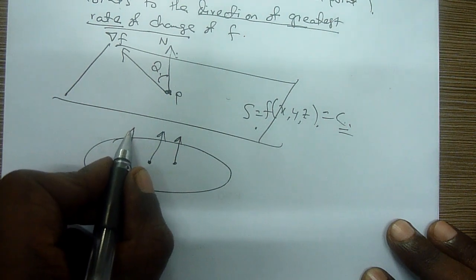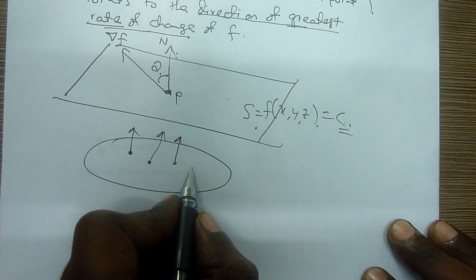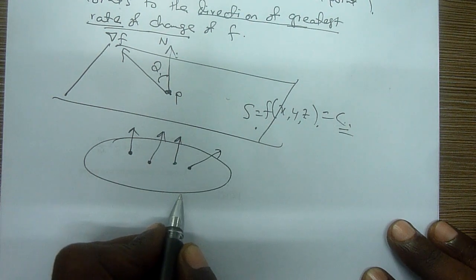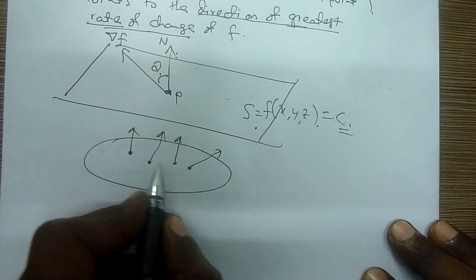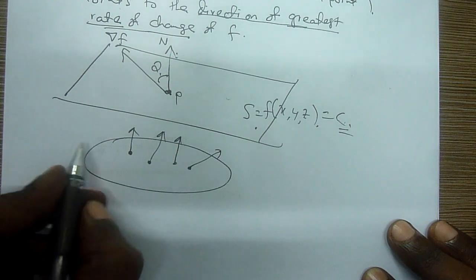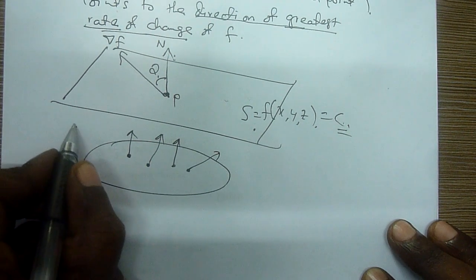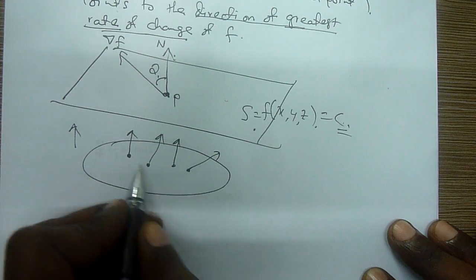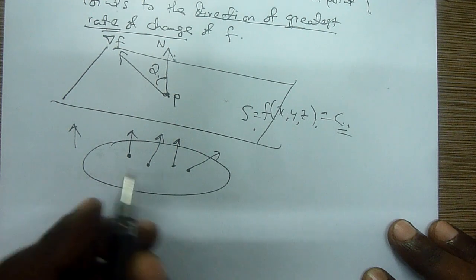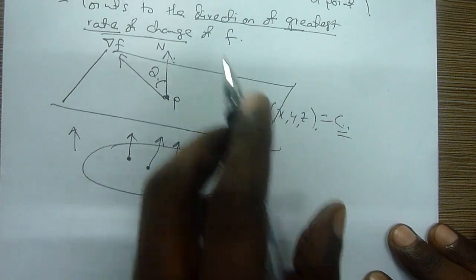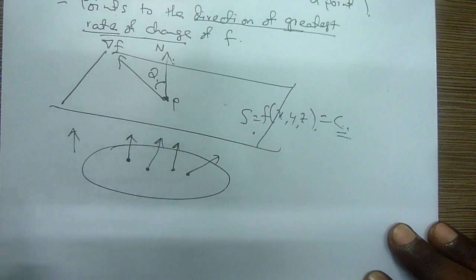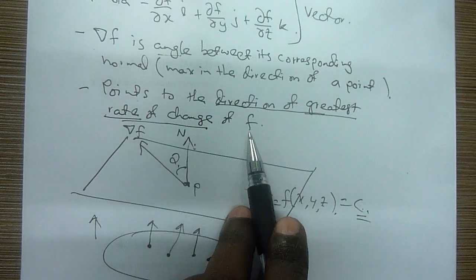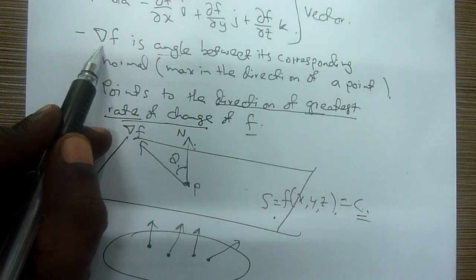Another point is directing towards this, and another point is directing at this angle. We know the surface has a normal, right? The normal is a straight line, but there is slightly some angle between these vectors. But what is the direction of the greatest rate of change? When we say it points to the direction of the greatest rate of change, it will be detected by del F.